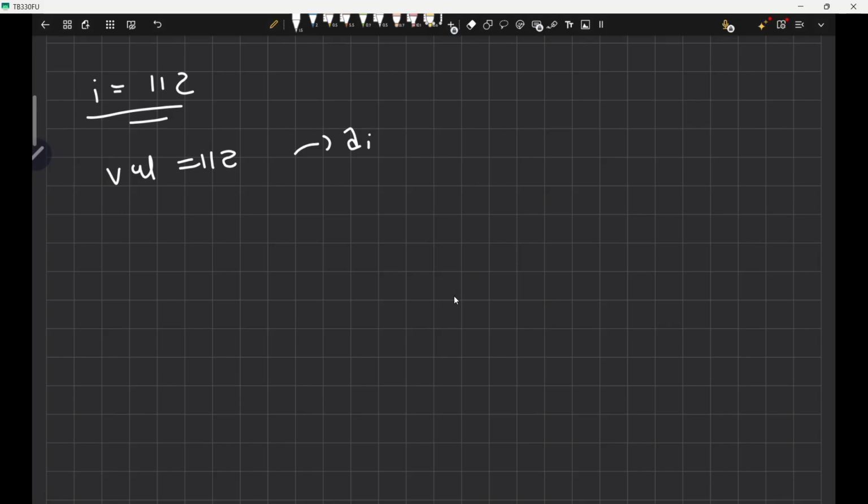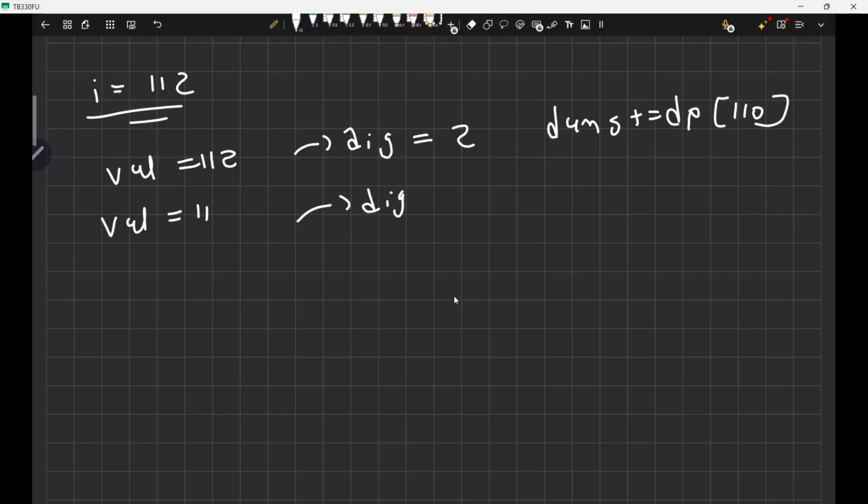The digit, 112 modulo 10, will be 2. So I do dAnswer plus equal to dp of 112 minus 2, which is 110. Then my val becomes 11 when I divide it by 10. So my digit is equal to 1.